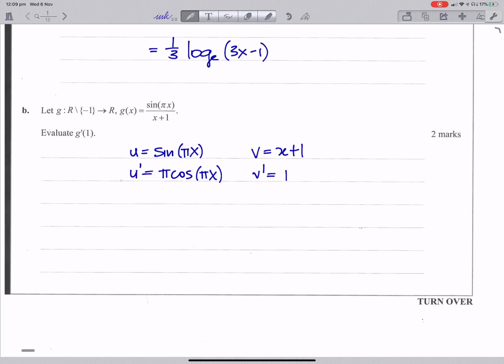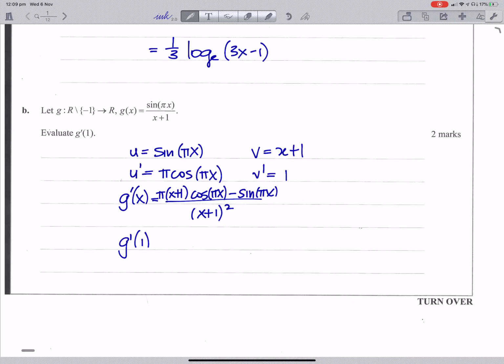Of course, when we differentiate this, we know V has to come first. So if we multiply these together, we get x plus 1 times pi cos pi x minus sine pi x on V squared, which is x plus 1 squared.